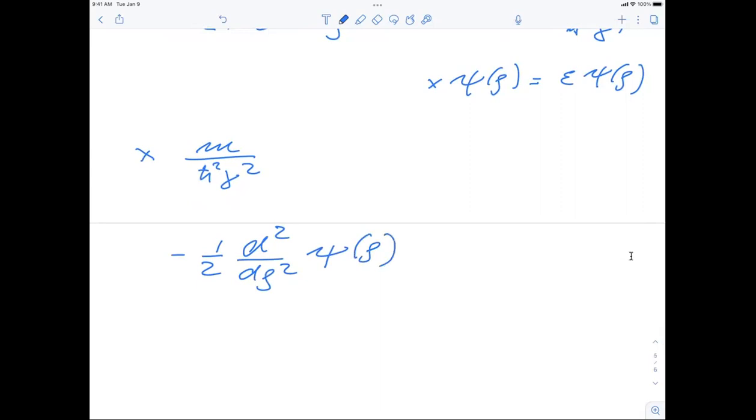So we have gotten rid of the dimensionalities here, but now we suddenly have a lot of constants in front. We would have an m squared, omega squared, and then we have this rho squared, multiplied with psi of rho, and this is divided by h bar squared gamma to the power of 4.